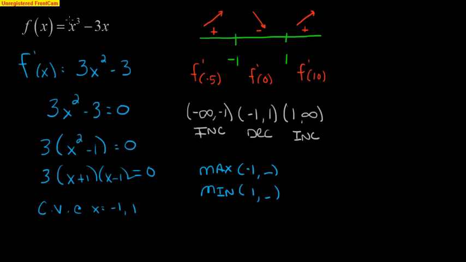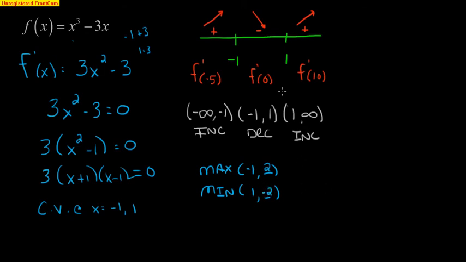So if I plug in -1, -1 cubed is -1, and then -3 times -1 gives +3, so I know 2 is my y value for that. And then plugging in 1, that's going to be 1 minus 3, and I'm going to have -2.